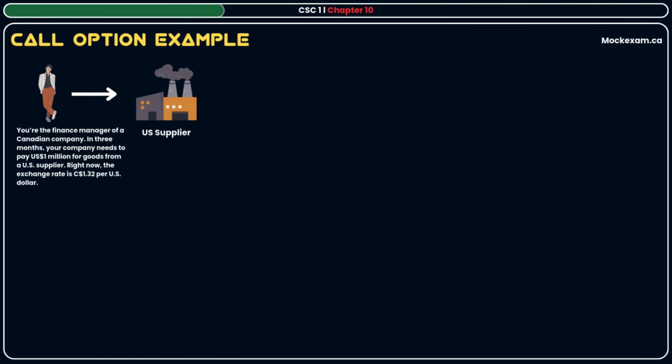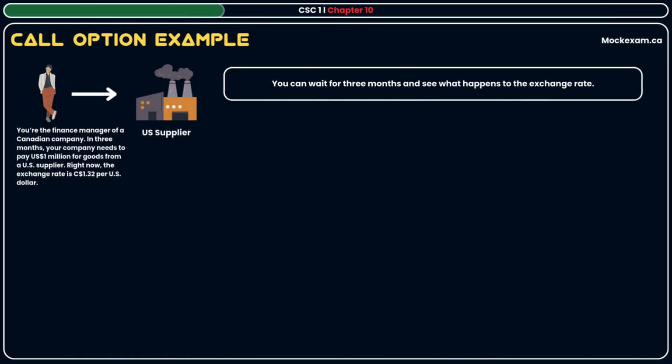Now, how many options do you have here? You have two options. You can do nothing and wait for 3 months and see what happens to the exchange rate. Maybe the exchange rate goes down to 1.2.